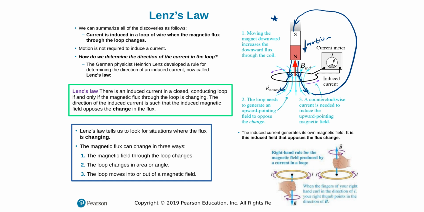This part we're not interested in, but here the background magnetic field is down. That's what we're interested in. B is down, and as my magnet comes closer, B increases, so B induced will be in the opposite direction to stop that increase. So we'll find this first using the idea of Lenz's law.